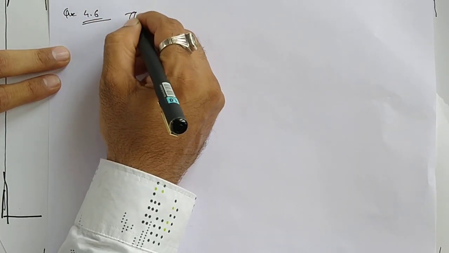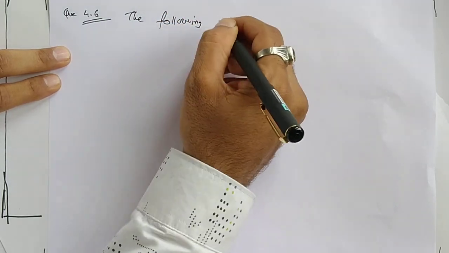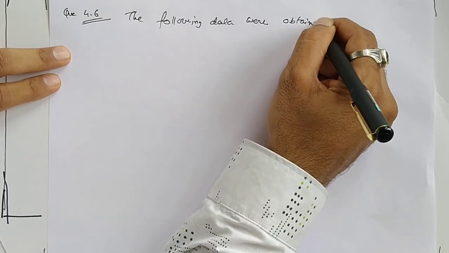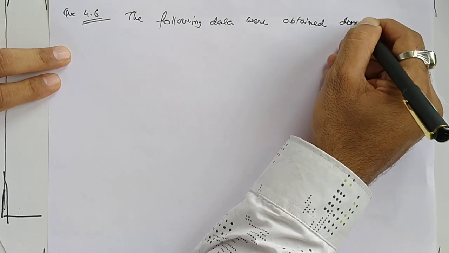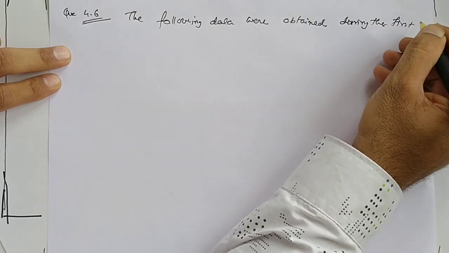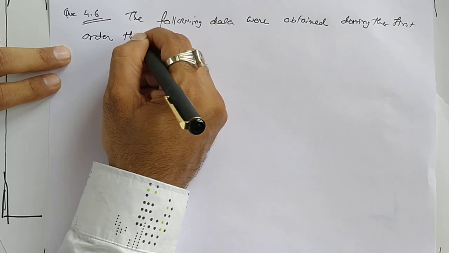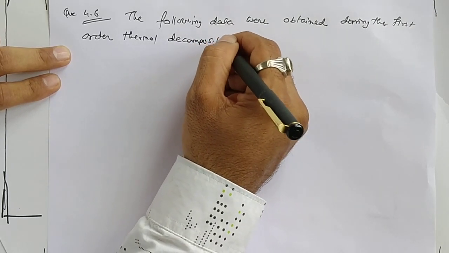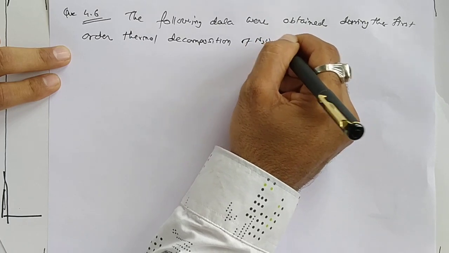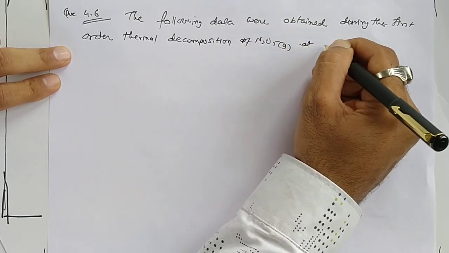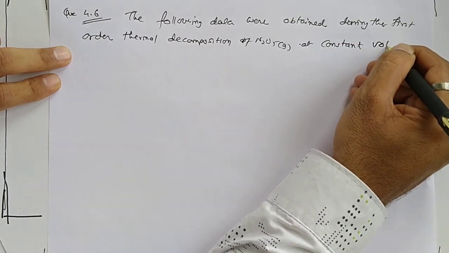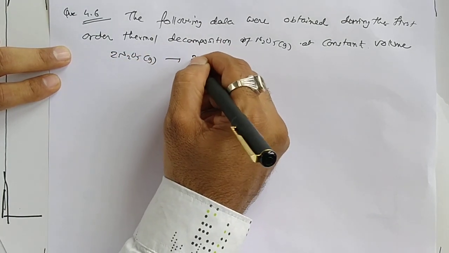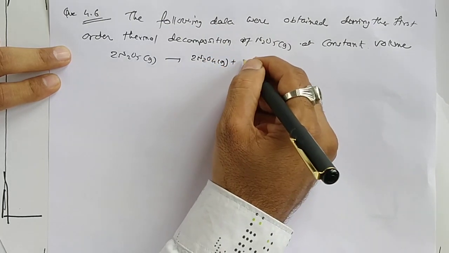The following data were obtained during the first order thermal decomposition of N2O5 gas at constant volume. 2 N2O5 gas gives 2 N2O4 gas plus O2 gas.